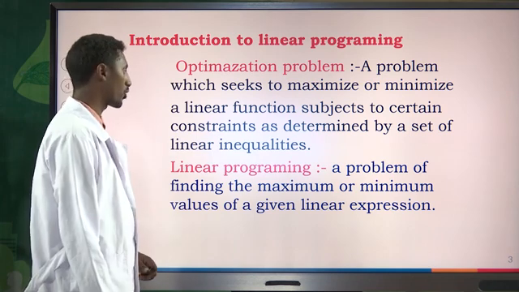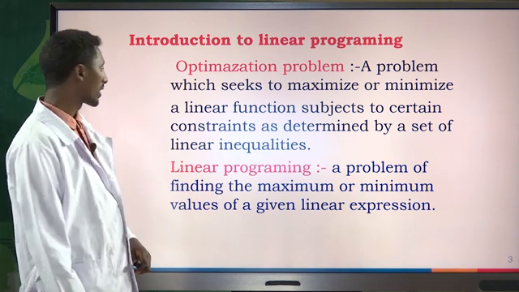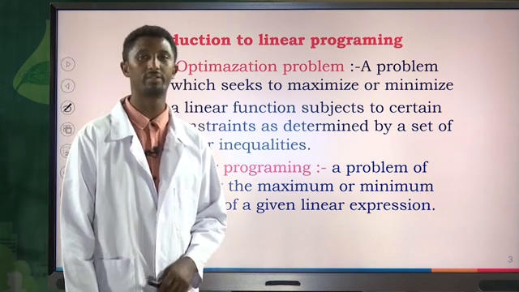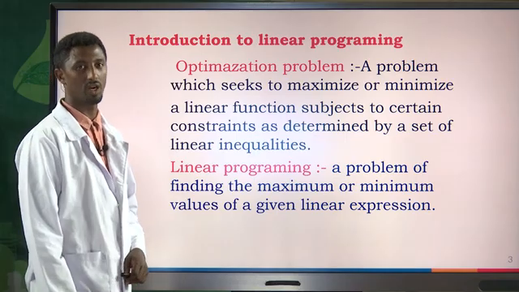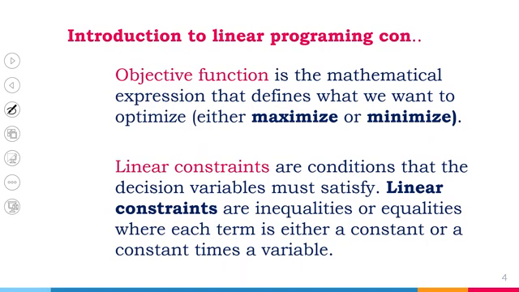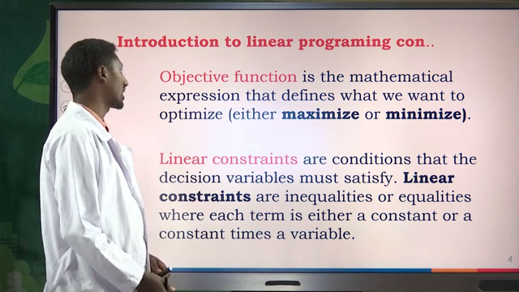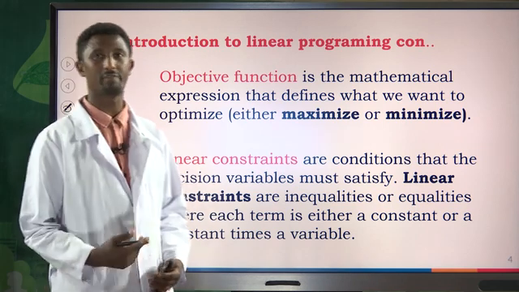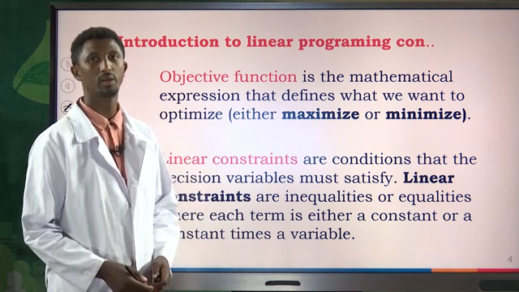And what's linear programming? It's a problem of finding a maximum or a minimum value of a given linear expression under given constraints. So what's the objective function? The objective of linear programming is to find a maximum or minimum value of the objective function. So the objective function is a mathematical expression that defines what we want to maximize or what we want to minimize.